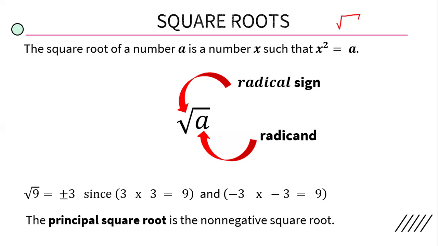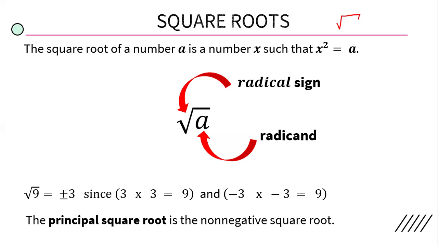So again, the square root of a number can either be positive or negative. We know that because a negative times a negative will give us a positive, just like a positive times a positive will give us a positive.